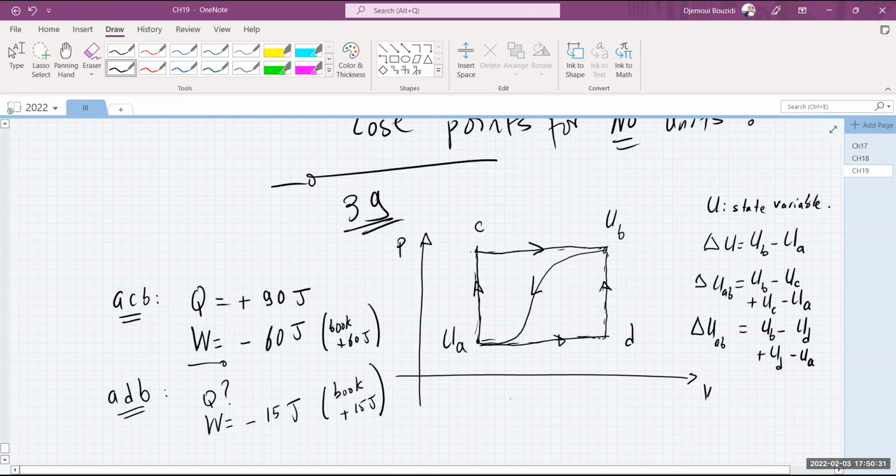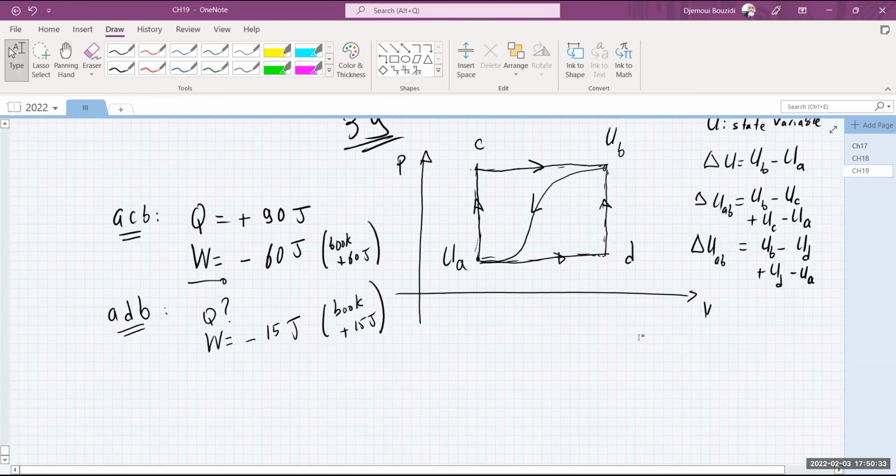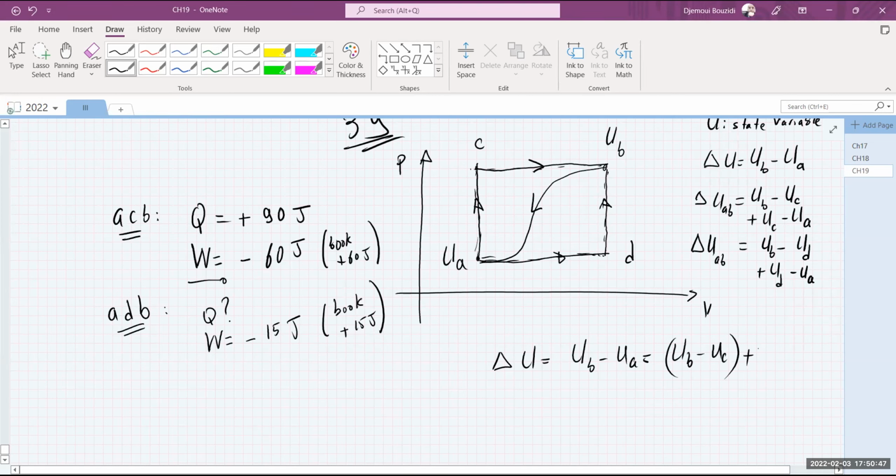If somebody who has never heard of the first law of thermodynamics or any of this stuff looks at this expression, I'm sure they'd agree 100% with a little bit of knowledge of algebra. This is the same as this. Does it make sense to you guys?